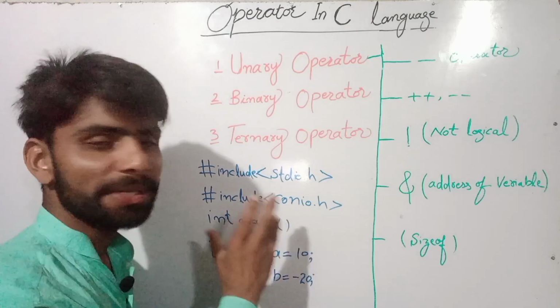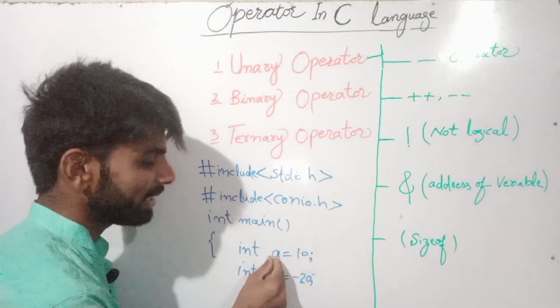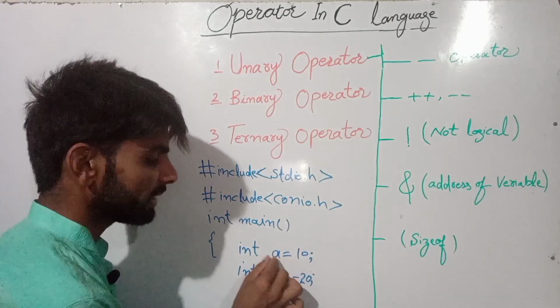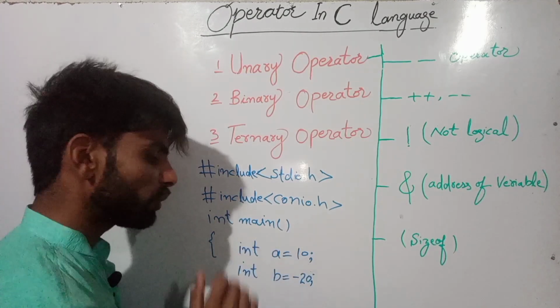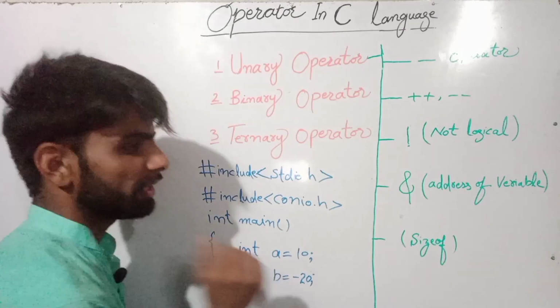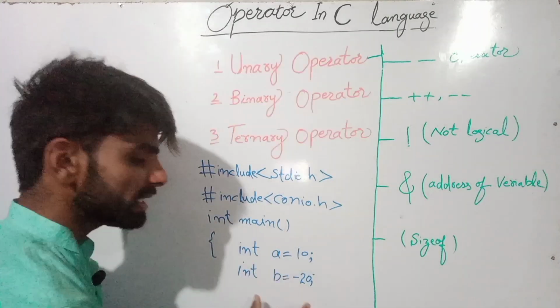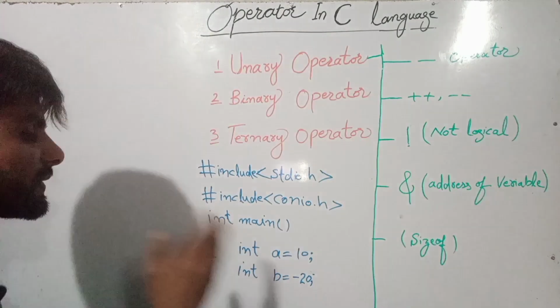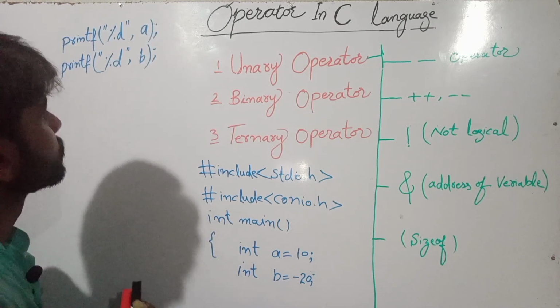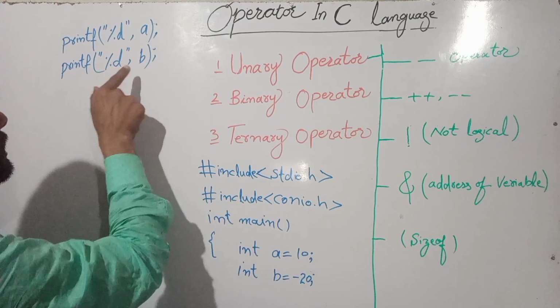This is a simple example where I have declared the first variable as int a, an integer data type. Variable a is equal to 10 and variable b is equal to minus 20. If we want to print them on the screen, I print variable a and variable b.